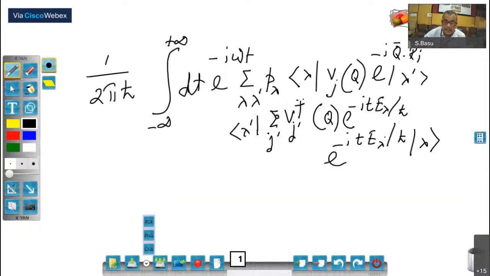I had E lambda prime, I had E lambda, and I have brought it inside these averaging brackets.